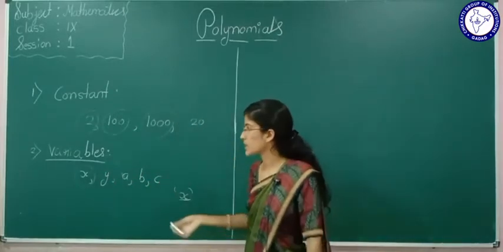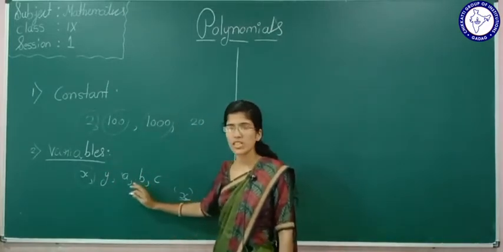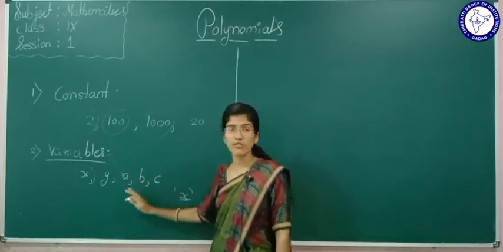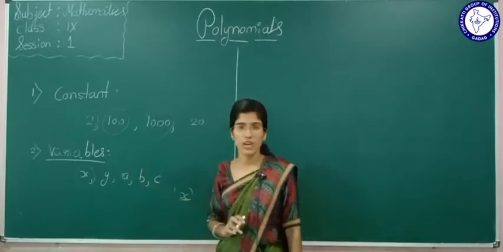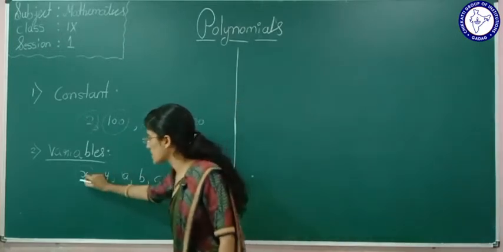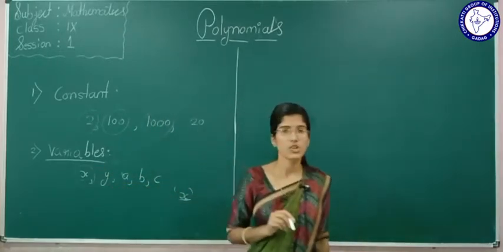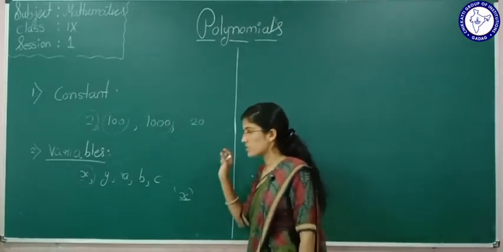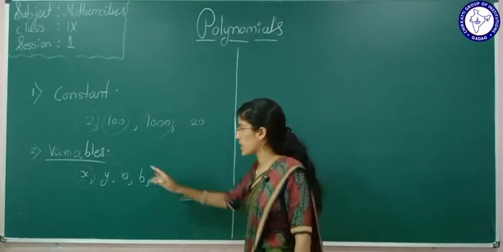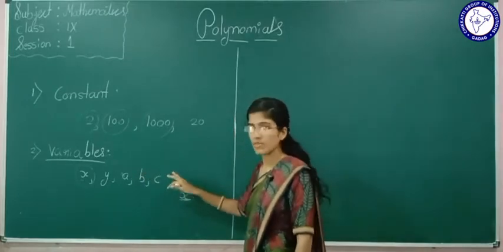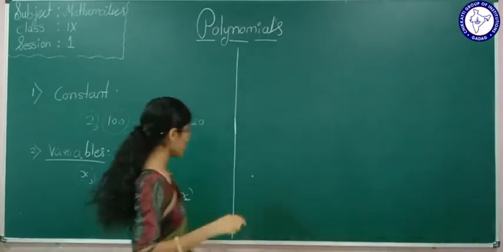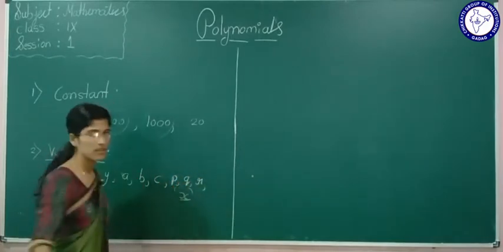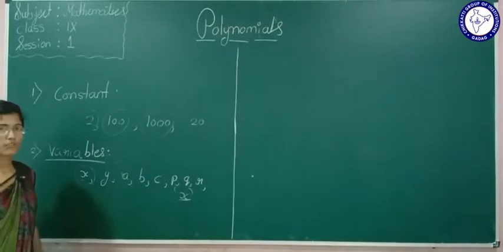Unspecified means the quantities which are not fixed are variables. These variables are represented by the small letters of the English alphabet. Not only x, y or a, b, c, you can use any letter, such as p, small q, r, anything. This is all about variables.